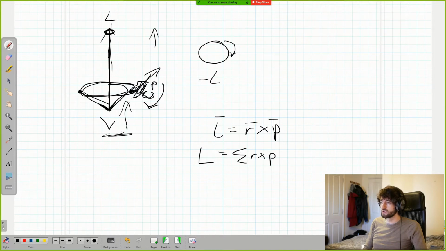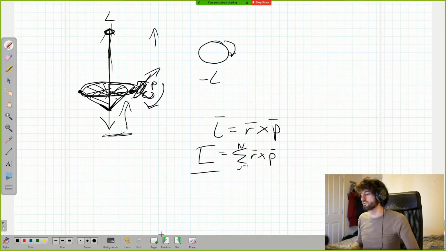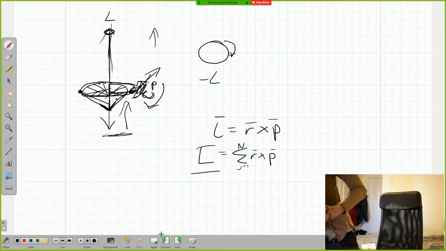You take r cross p for every single point, and the sum of all of them is the total angular momentum of the whole system. That's L, for j equals 1 up to N, so for every single particle in this thing.